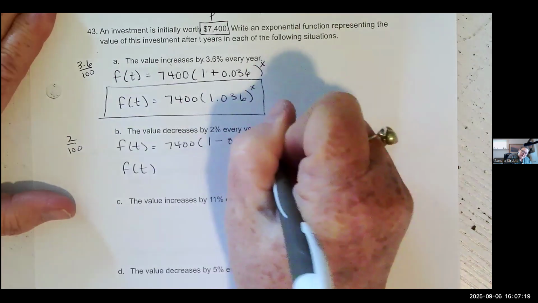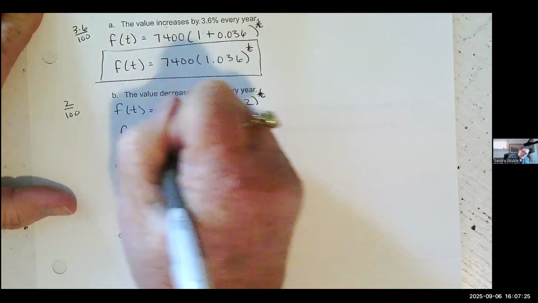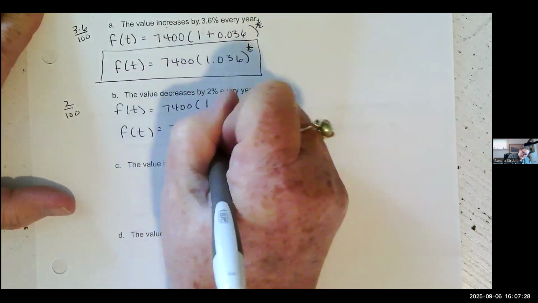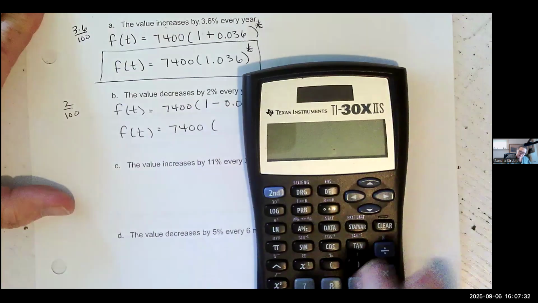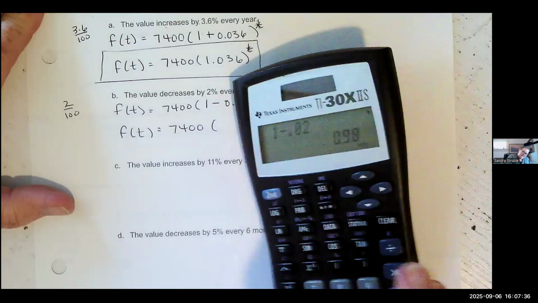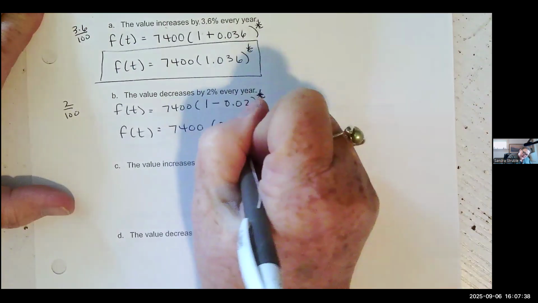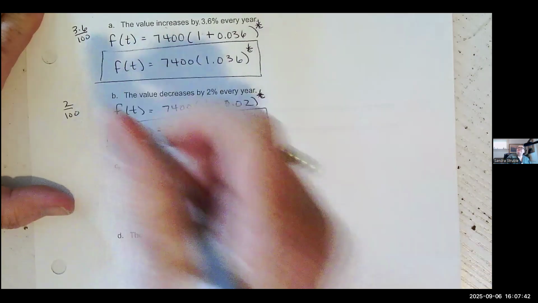It should be T. It's F of T. Please, I'm so sorry. I have 7,400 and I think it's 0.98. I just want to make sure it's right. 1 minus 0.02 should be 0.98. Yeah. And this is raised to the T because it's every year.